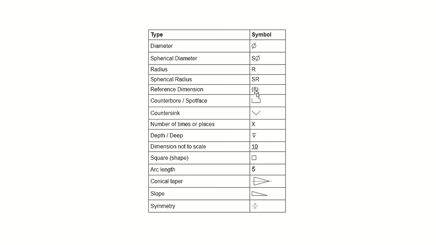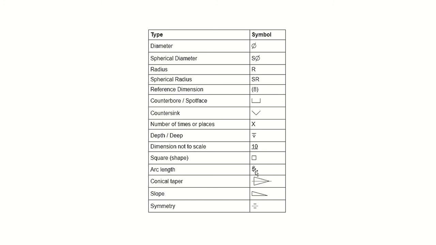Reference dimension, put it in brackets. Counterbore is a rectangle without the top, the countersink is a triangle without the base, and the number of times or places is your x. Depth, or deep, is going to be with the arrow pointing down, and then your dimension out of scale is your value with a line under that value.